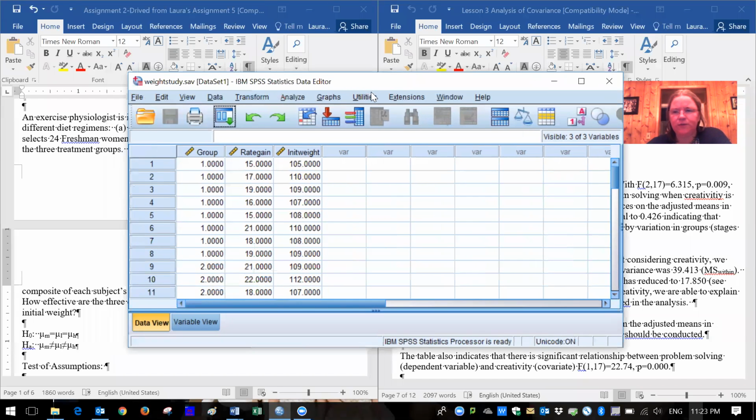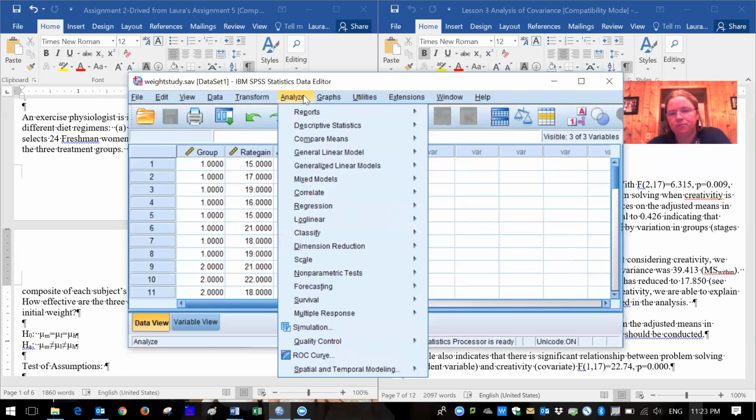So the first thing we have to do is make sure our data is good by looking at, what do you want to call them, the homogeneity of variance and those things that you do at the beginning.